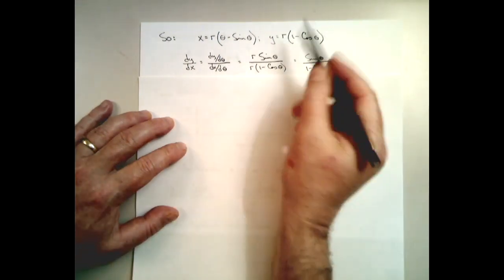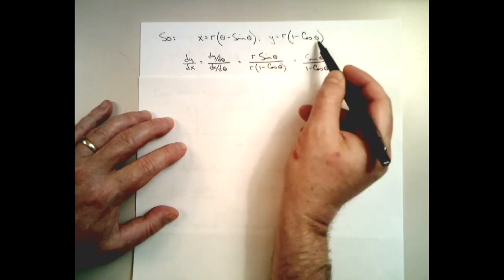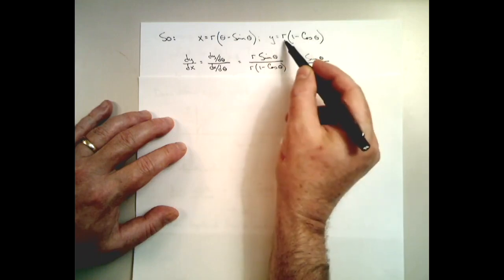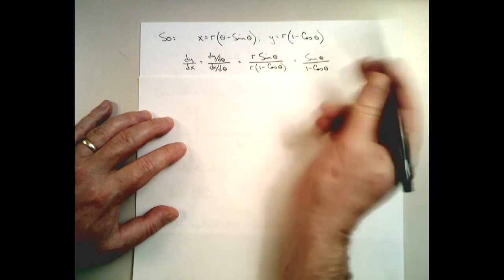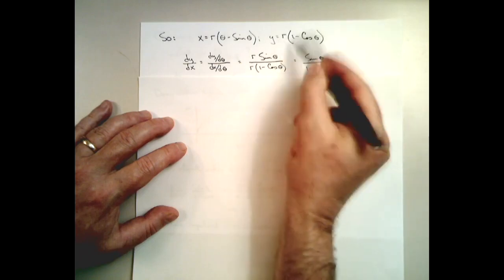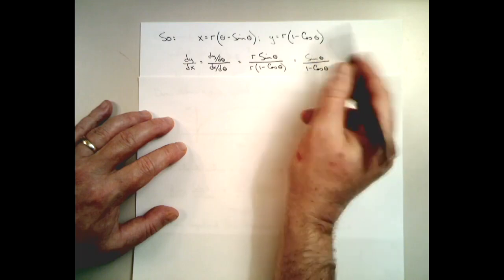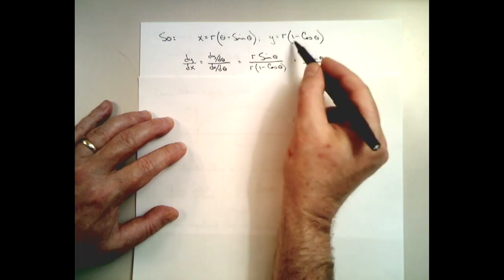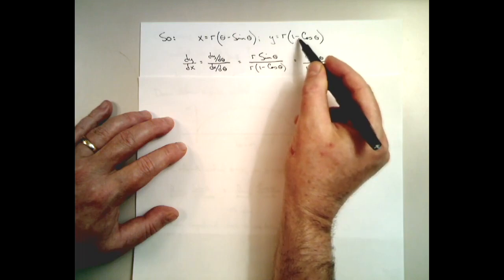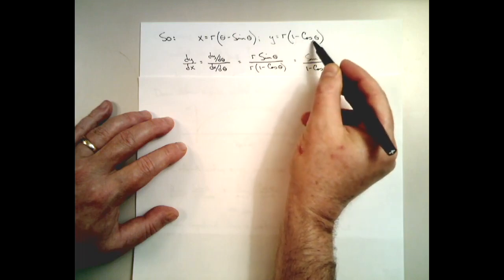Well, let's see. Here's y. And so the derivative of y with respect to theta is going to be r times, remember r is just a constant, that's the radius of our generating circle, r times the derivative of 1 minus cosine theta. Well, the derivative of 1 minus cosine theta is 0 minus a negative sine theta.